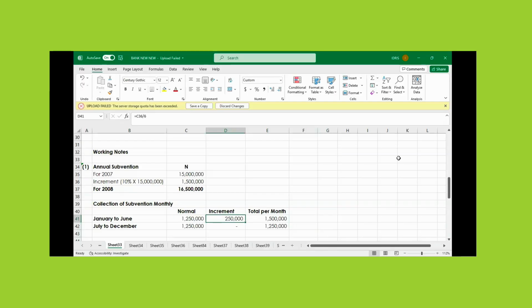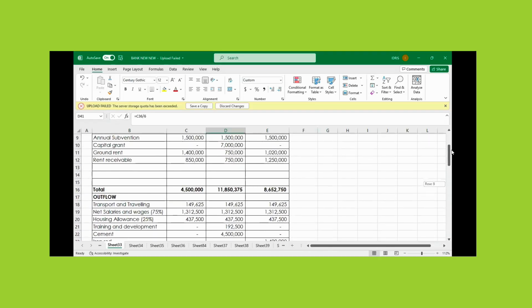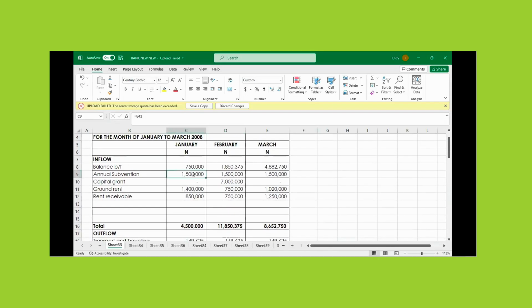So in our solution, when we talk about annual subvention, how much are we going to receive for January? 1.5. For February? Same 1.5. For March? 1.5. Do we understand that? Yes. But starting from July to December, how much will you be receiving every month? 1.250. But the examiner asks us for a 3-month cash budget, January to March. Nothing concerns us from July.